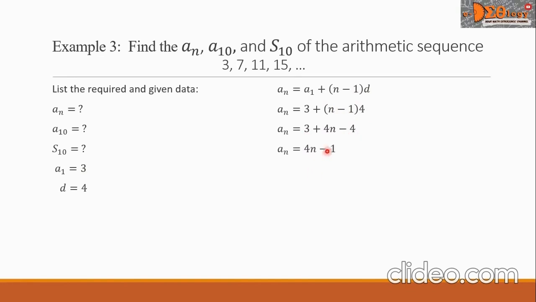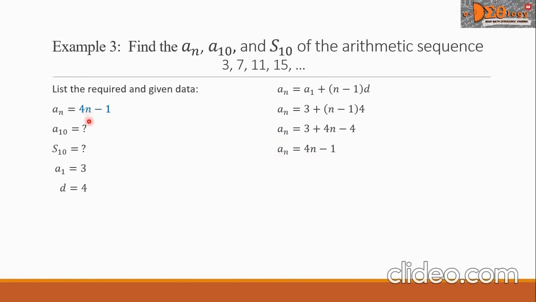So we have negative 1. So our a sub n equals 4n minus 1. So this is the value of a sub n as a function of n. Let us copy this value opposite a sub n in here.